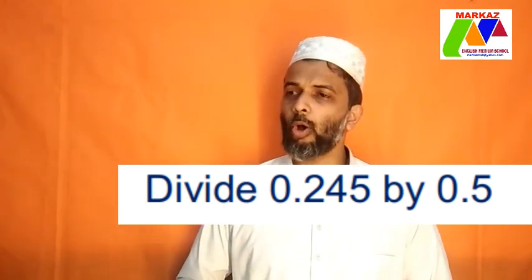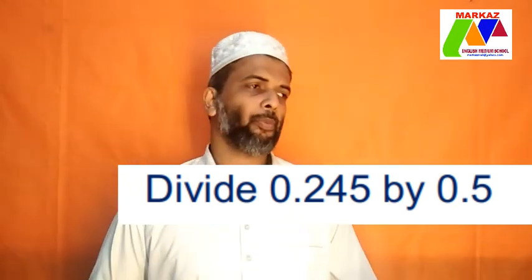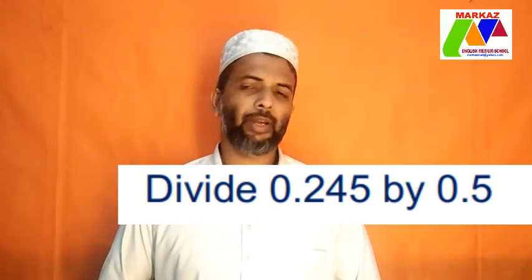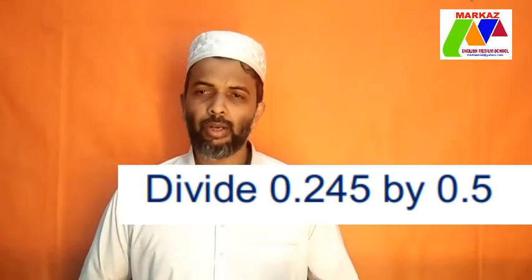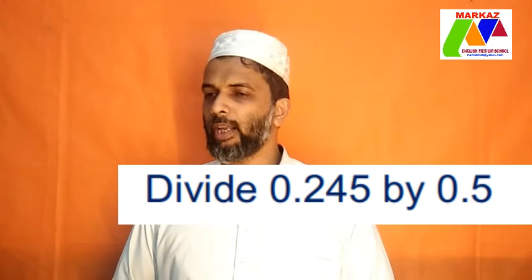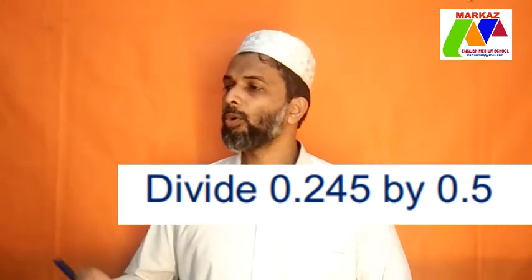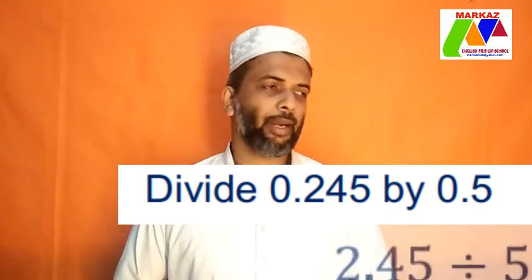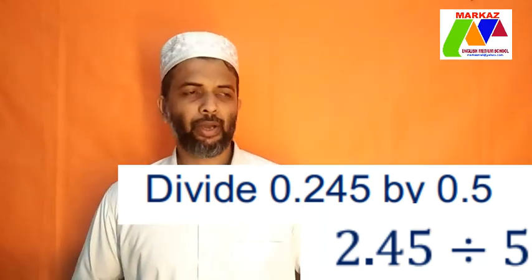To convert 0.5 to a whole number, just move its decimal point to the right side. If you change the decimal point of the divisor, you have to change the dividend also. So, change the decimal point of the dividend. 0.245 changes to 2.45. Now we have new divisor and dividend. 2.45 divided by 5.